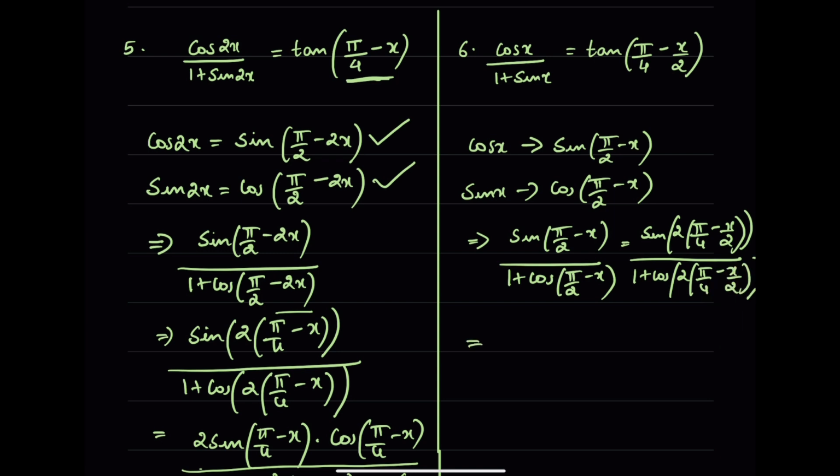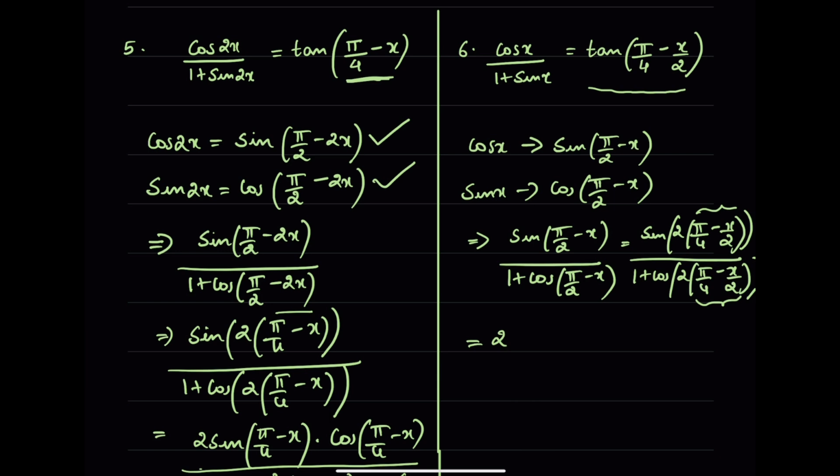Now we apply the formula of sine 2x where x is pi by 4 minus x by 2, and we apply the formula of cos 2x which has a similar angle. But in the question we need the answer in the form of tan. So if it should be tan, we will have a higher degree of cosine in the denominator.